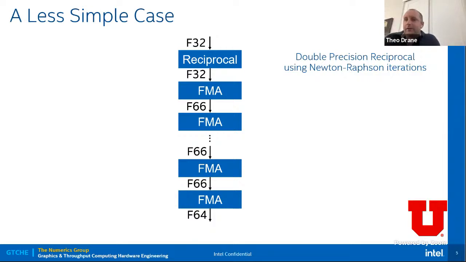So here's something slightly less simple, but still ridiculously simple. As a small example, I could take off the textbook shelf an approach to double precision reciprocal. I can use Newton-Raphson iterations and structure all of this with different precisions, and I have to check the extended exponent and all these lovely things.